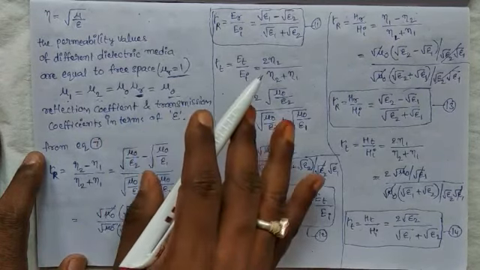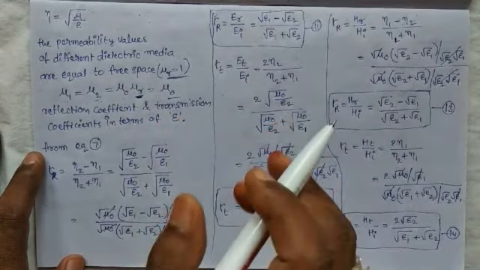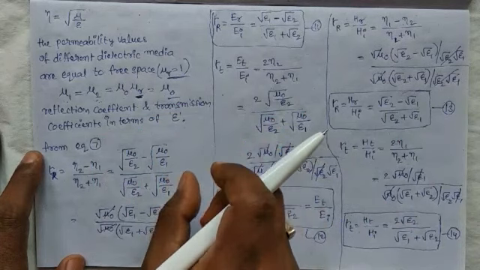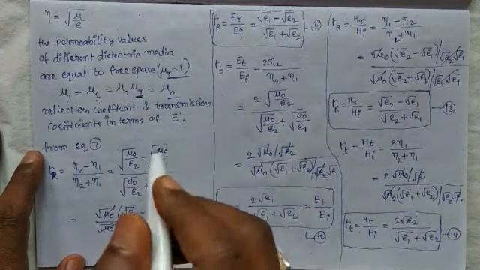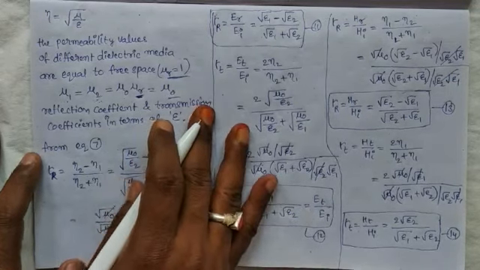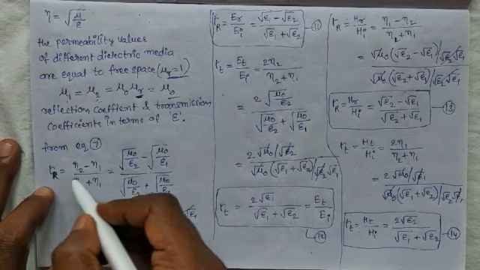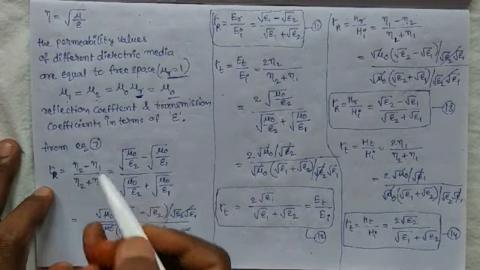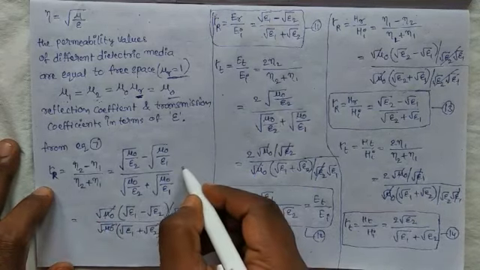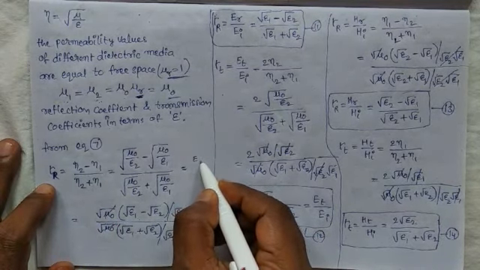Now we are expressing the reflection coefficient and transmission coefficient in terms of permittivity. How to calculate the reflection coefficient gamma R?